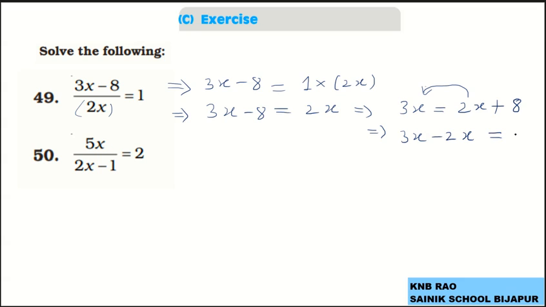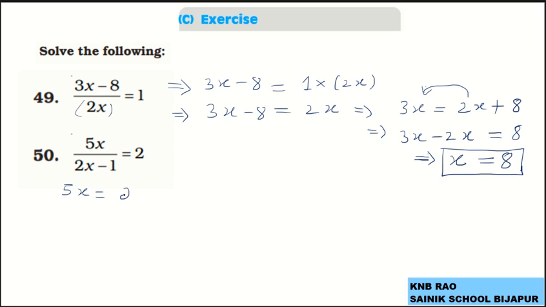So, 3x minus 2x equals 8, and thus, by simplification of like terms, we get x equals 8 as the solution. So, students, similarly, question number 50 can be solved.